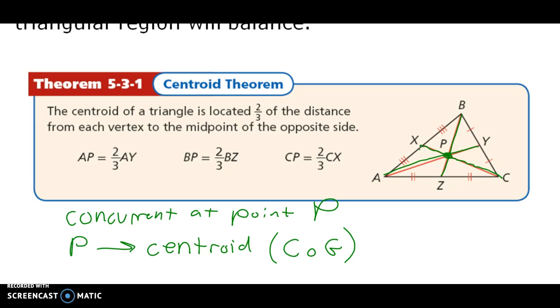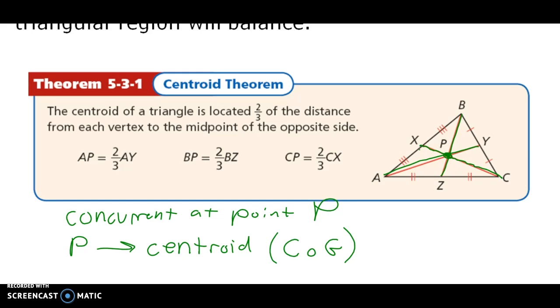And it literally is the center of gravity. So probably next class, we're actually going to find the centroid and try and balance our triangles. Because if you do it correctly and do a really good job of it, it should balance on like a cone or a point.